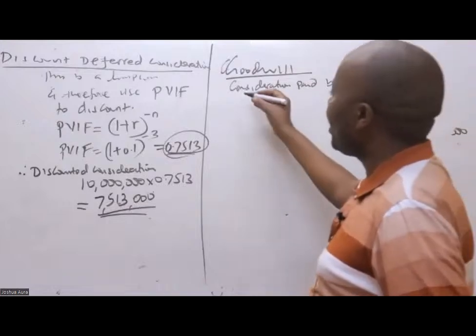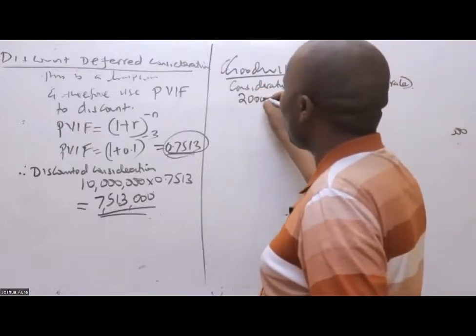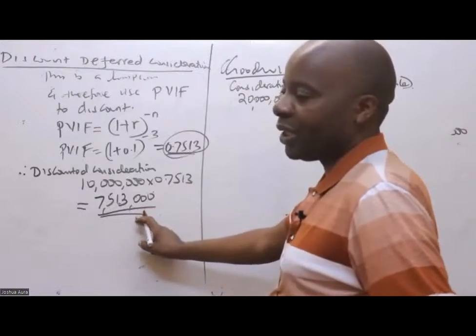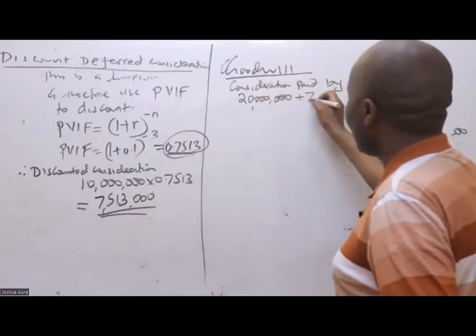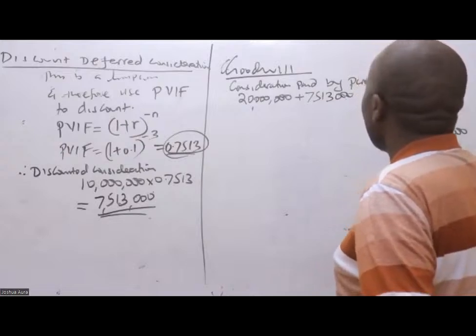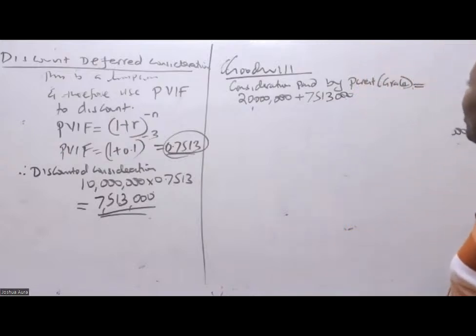Remember, Grace made an immediate consideration of 20 million, and then we have this deferred consideration of 7,513,000. So can somebody give me this figure? This figure here will be 27,513,000.